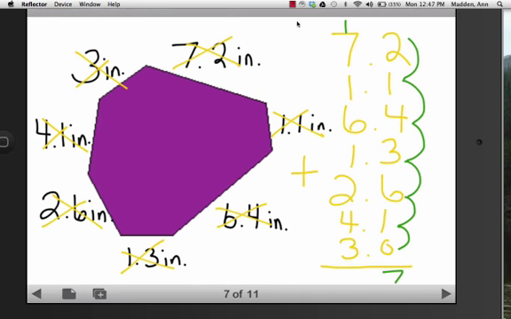The 1 jumps up. 1 plus 7 is 8. 8 plus 1 is 9. 9 plus 6 is 15. 15 plus 1 is 16. 16 plus 2 is 18. 18 plus 4 is 22. 22 plus 3 is 25. Don't forget to bring down that decimal and then add your label.